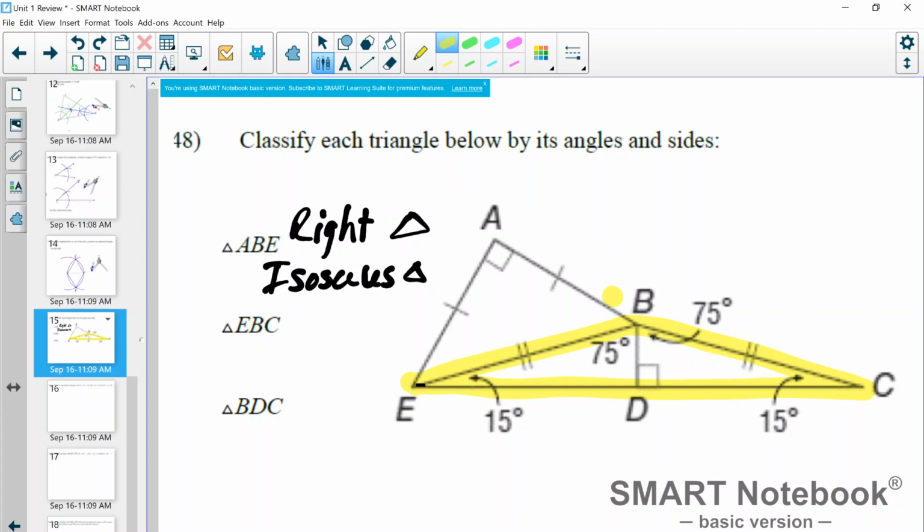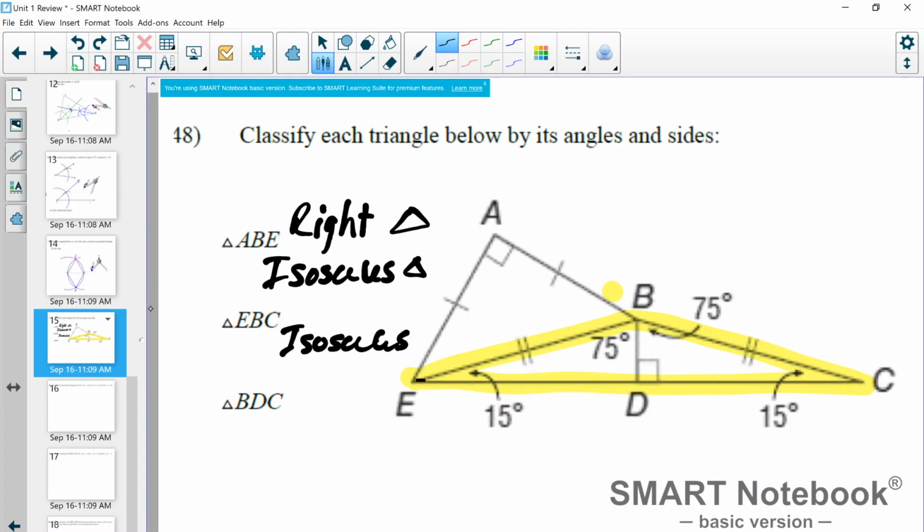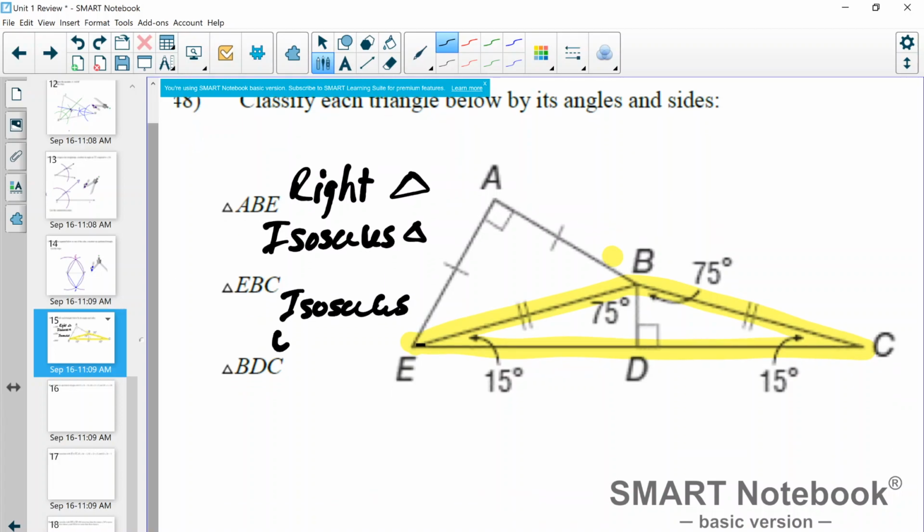Angles of 15 and 15, and two slashes on these two sides. So two sides the same, again, means isosceles triangle. And an angle of 150 means we have an obtuse triangle based on its angles.